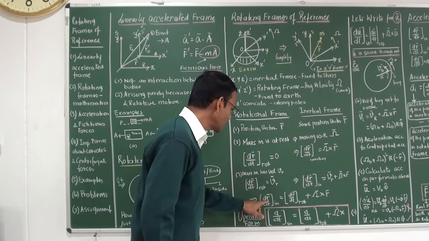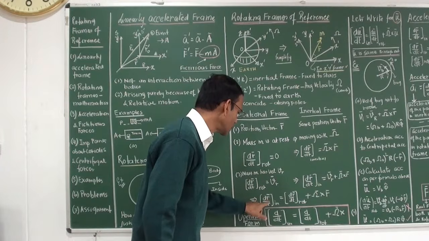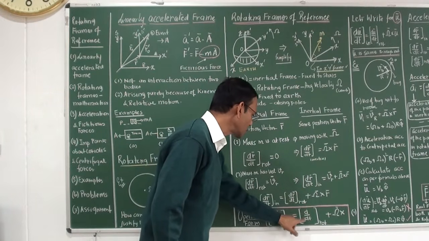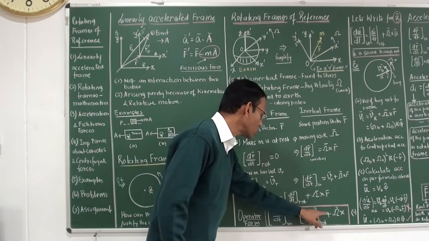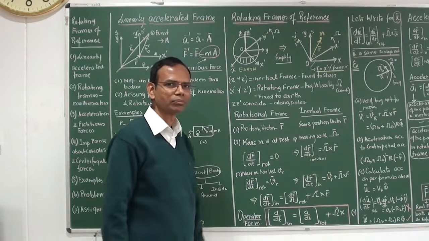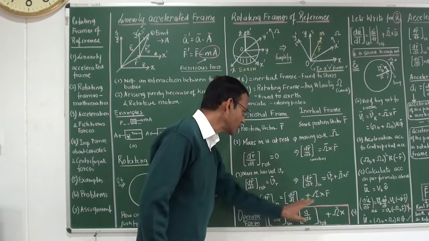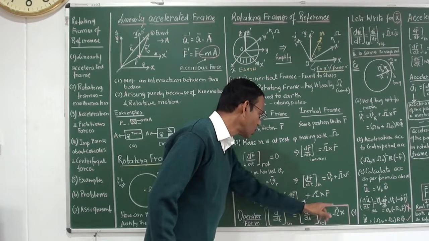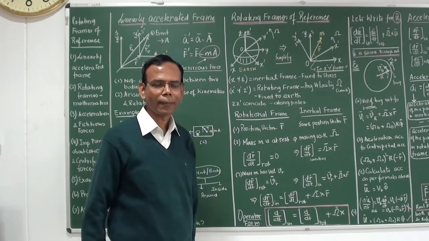So we can write d/dt inertial is equal to d/dt rotational plus omega cross. That is known as the operator form, and here we can write any vector.